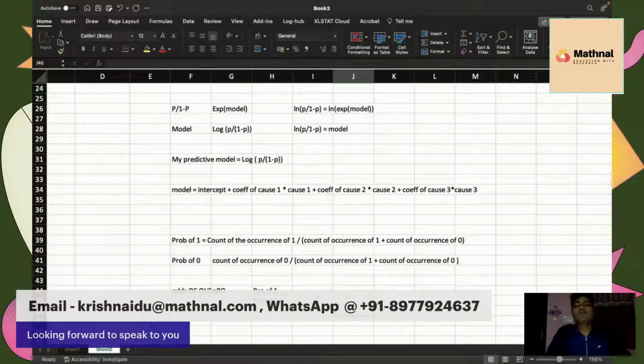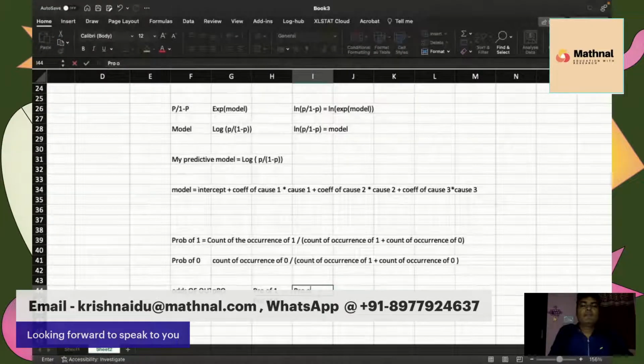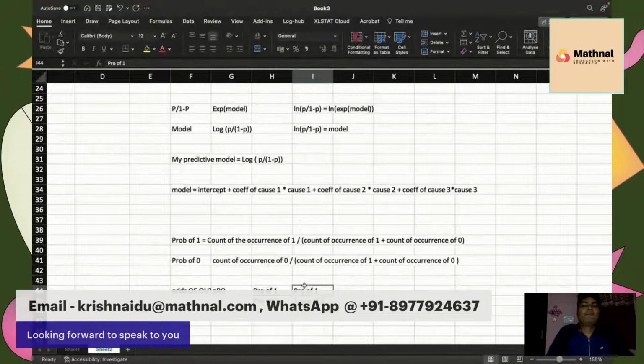And the probability of 0 is 1 minus the probability of 1. So the odds are the probability of 1 divided by 1 minus the probability of 1. This is our odds.